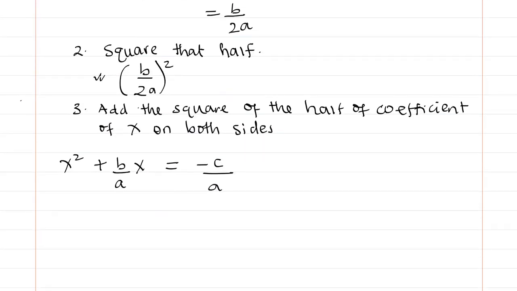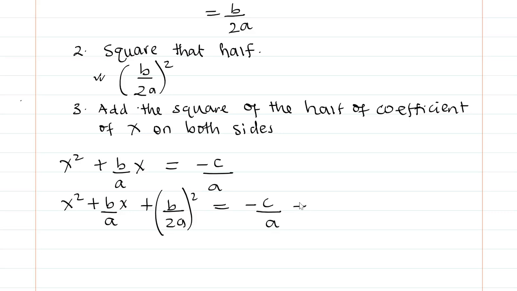So here we shall have x squared plus bx out of a plus b out of 2a squared, which is the half I've added on this side, equals negative c out of a. I also add the same square of the half on the other side.